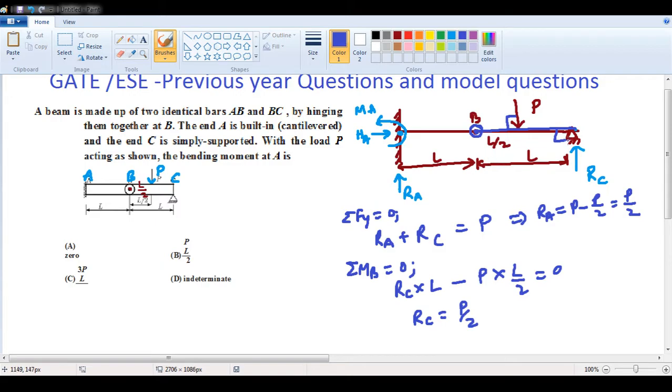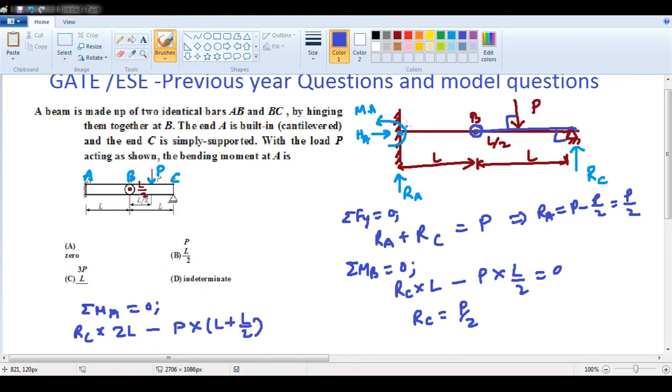Now we'll find the moment about A, taking moment about A. So what we get? We get RC into distance 2L, right? Then minus P at a distance of L plus L by 2.